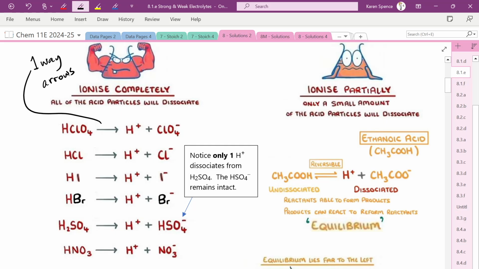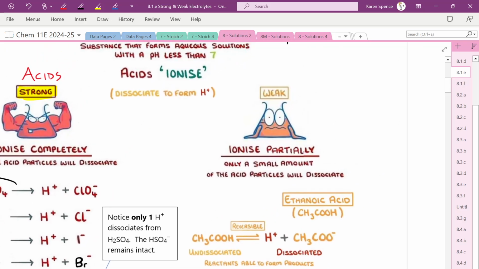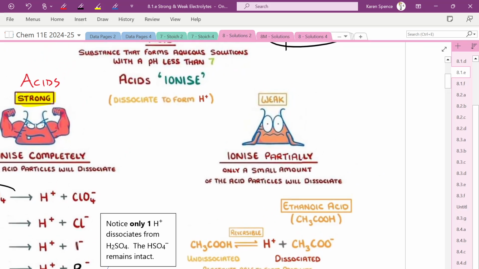And we have 1, 2, 3, 4, 5, 6 strong acids. That's not actually that many. Most acids are not considered strong. Most acids do not dissociate completely. All the other acids ionize or dissociate only partially. So these are our weak acids. And those are all of our other acids.